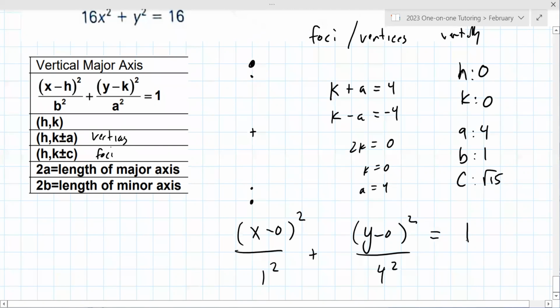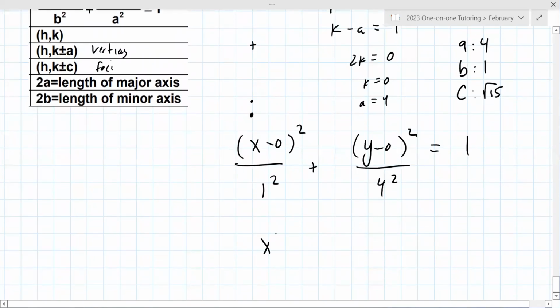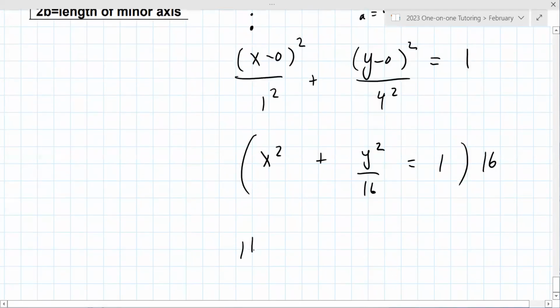They're doing it weird, but it's x squared plus y squared over 16 equals 1. You multiply by 16, and that's how you get 16x squared plus y squared equals 16. We're just running out of time here.